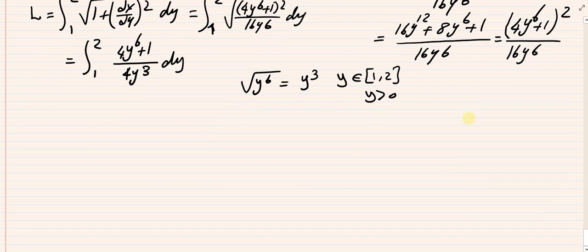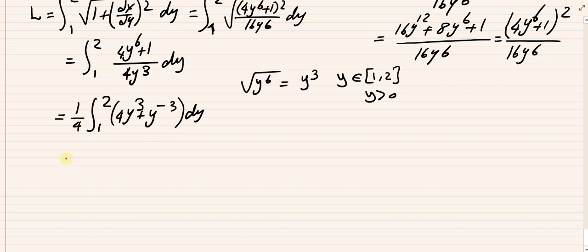Okay, and let's see, again, I'm going to divide the numerator, each term, by the denominator and bring out the 1/4. So that's going to be the integral from 1 to 2 of 4y cubed plus y to the negative 3, dy.